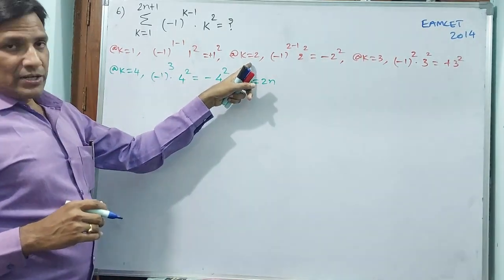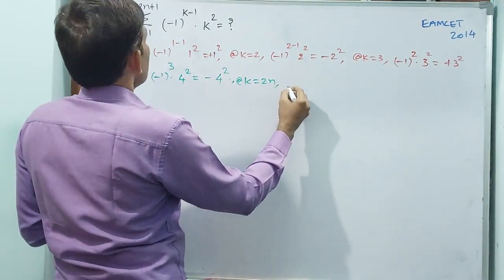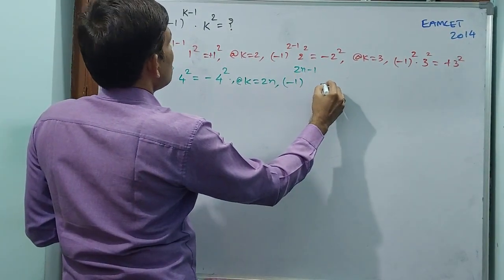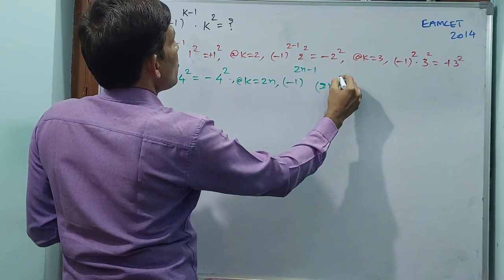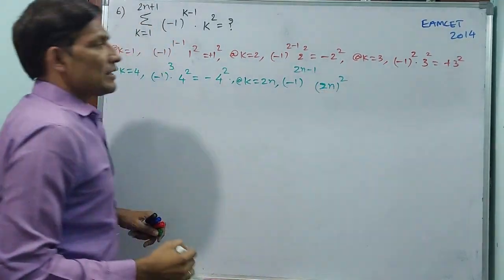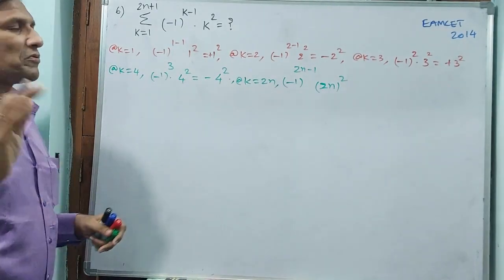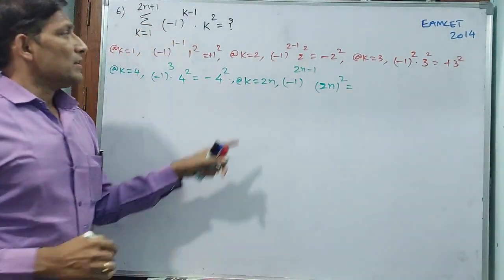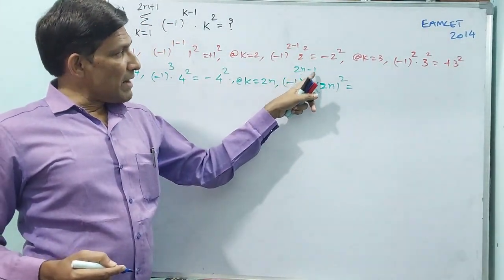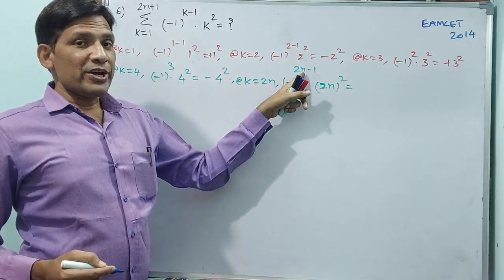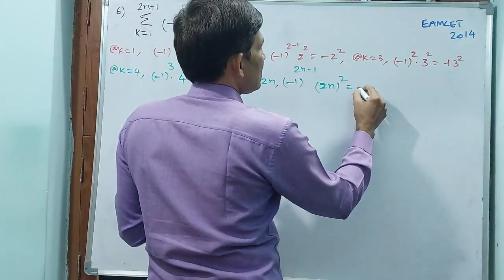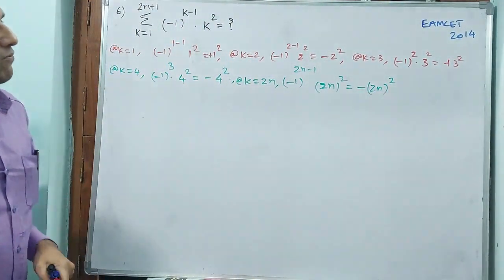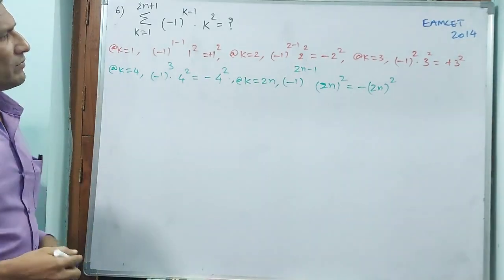Minus 1 whole power 2n minus 1, into 2n whole square, that means 4n square. What will happen here? 2n is positive, but 2n minus 1 is odd, and minus to an odd power is minus. That means minus 2n whole square, or else you can also write minus 4n square. That is okay.